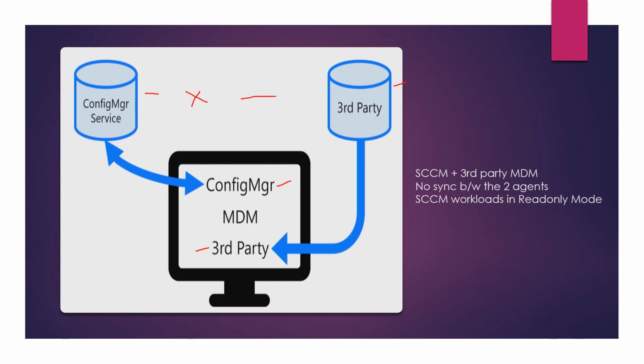To rule that possibility out, when the Config Manager agent detects that there is another third-party MDM agent present on the device, some SCCM workloads by itself are moved into read-only mode. What it means is, in this case, the third-party MDM is going to set the policies, set the attributes, set the configurations, and Config Manager is only going to extract the relevant reports.